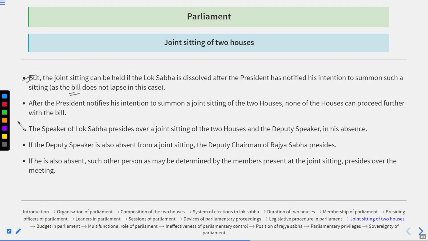All right. The Speaker of the Lok Sabha presides over the joint sitting of the two houses, and the Deputy Speaker in his absence, like we had seen already. And if the Deputy Speaker is also absent from a joint sitting, the Deputy Chairman of Rajya Sabha presides. And if even the Deputy Chairman is absent, such other person as may be determined by the members present in the joint sitting presides over the meeting.